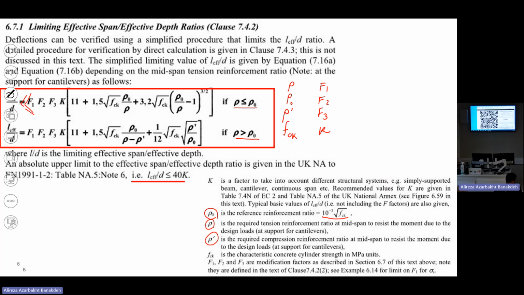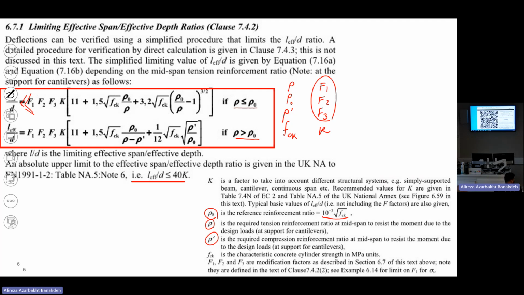All right? So F1, 2, 3 are correction factors. I will tell you how they will be calculated. And K is another parameter. I will tell you how to get it.